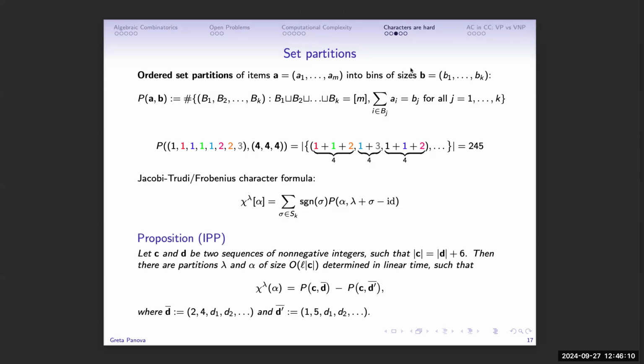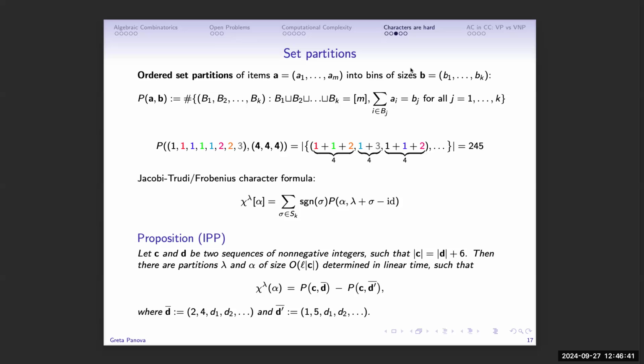And now this is a big signed sum. We don't know really what to do when we have something like that. So we are just going to take specific types of lambda and alpha. So we're going to use some prime numbers and so on, just so we can kill most of those terms, they will become 0 when we do that. And in the end, we can start with 2 arbitrary sequences of non-negative integers, which satisfy this restriction.